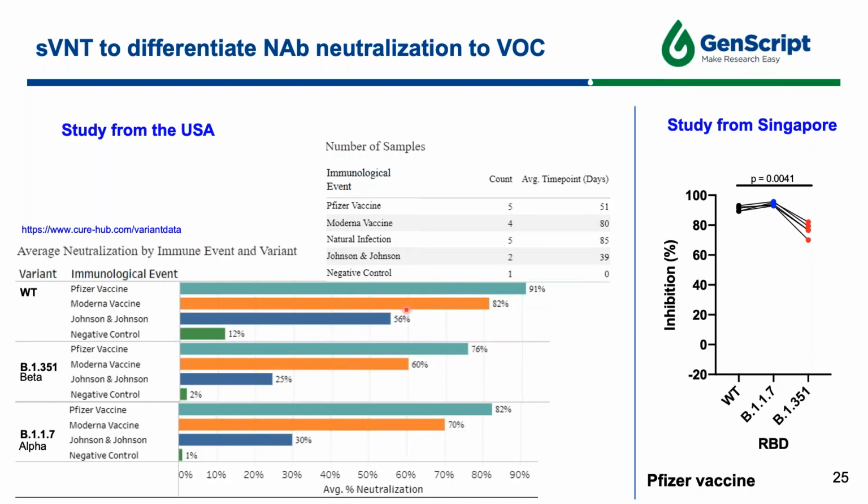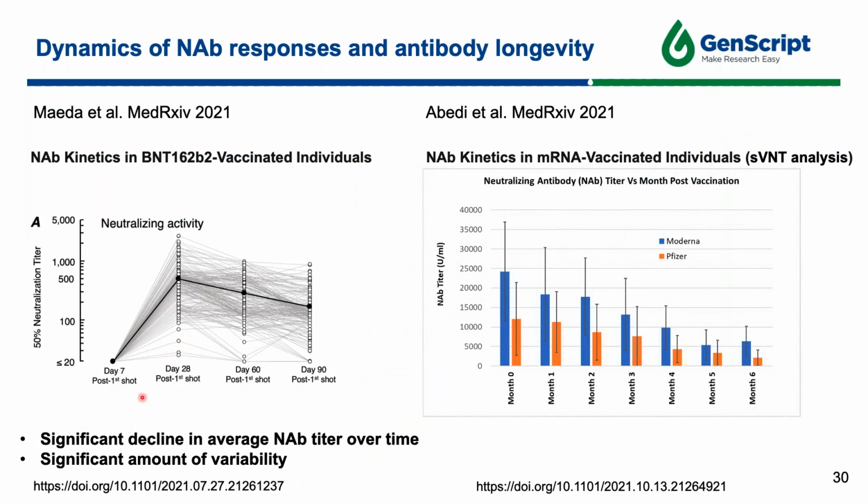I can also share that usually the period where you develop the highest level of neutralizing antibody after you receive the vaccine is about 2 weeks to 1 month. As I showed in one of the studies, after 1 month post the first shot, the neutralizing antibody level reaches a peak level. So the usual duration is between 2 weeks to about 1 month.